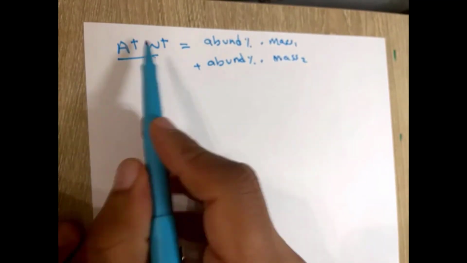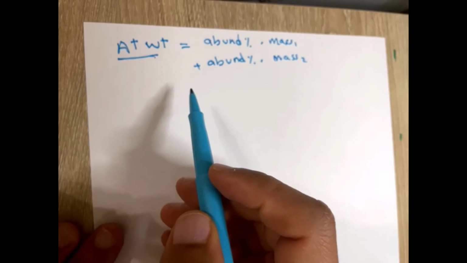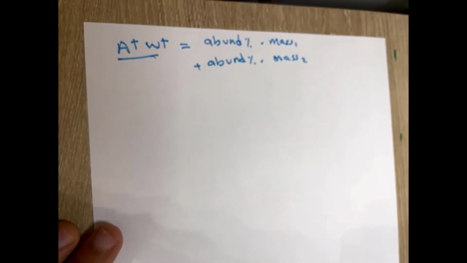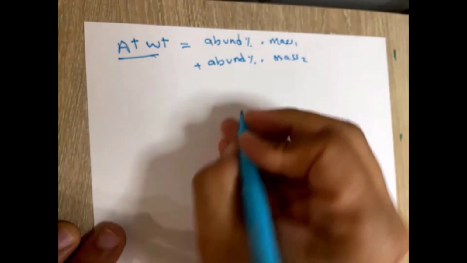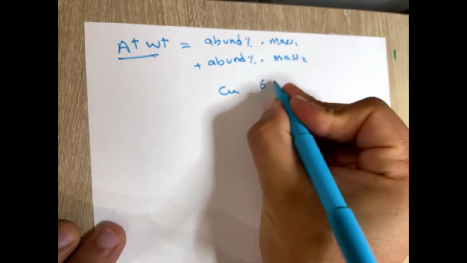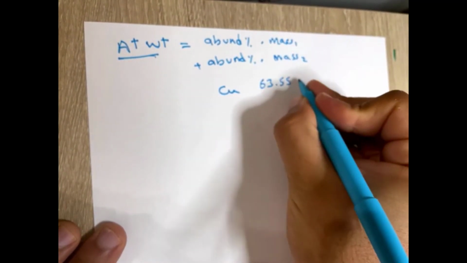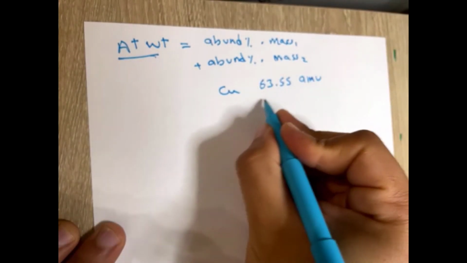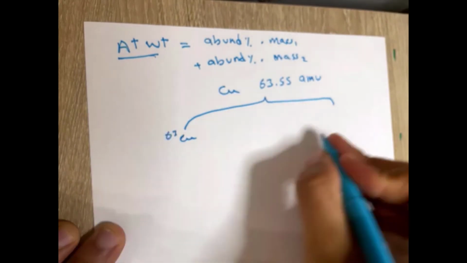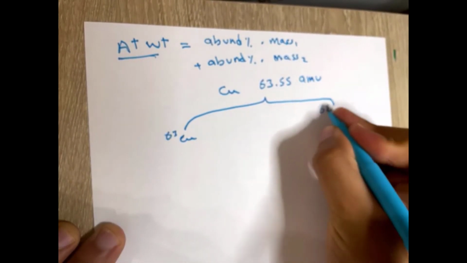If we know the average atomic weight of a sample and the masses of the isotopes, we should be able to calculate the relative abundances. So in this example right here, we have copper, which has an atomic weight of 63.55 AMU, and this number here should be the contribution from isotope 63 and isotope 65.